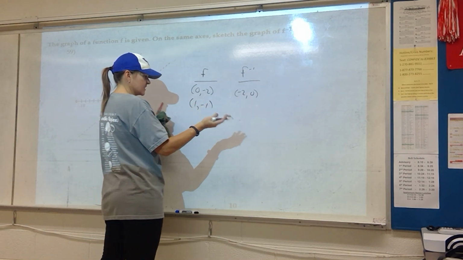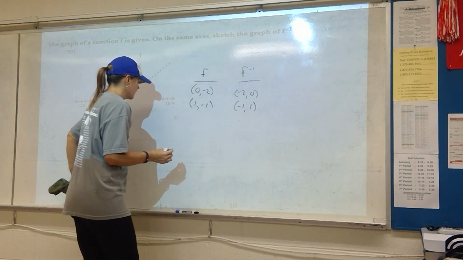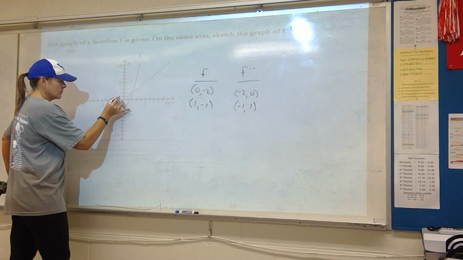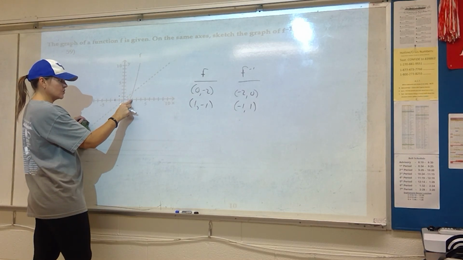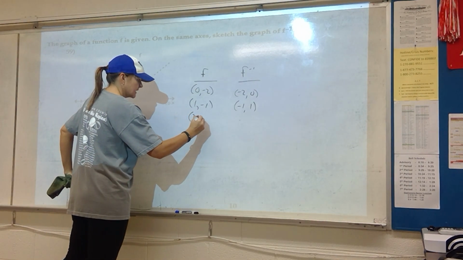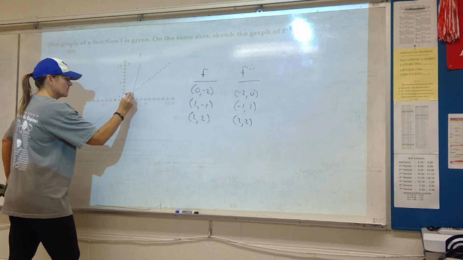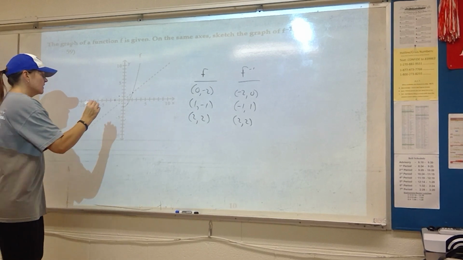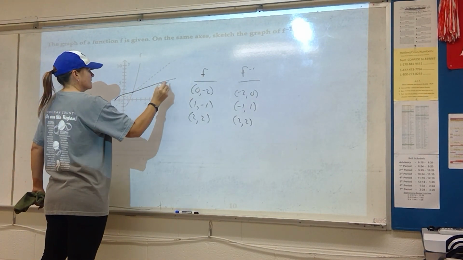Well, if you switch them, because inverse means you switch x and y, that'd be -1, 1. Okay, this point right here is 2, 2. Hey, guess what? That's the same point. So it does a little something like that.